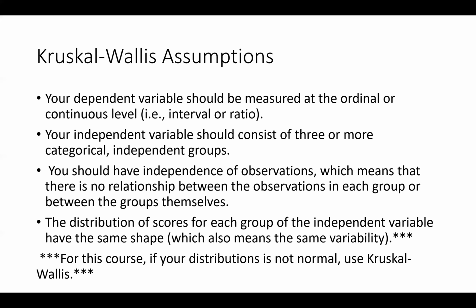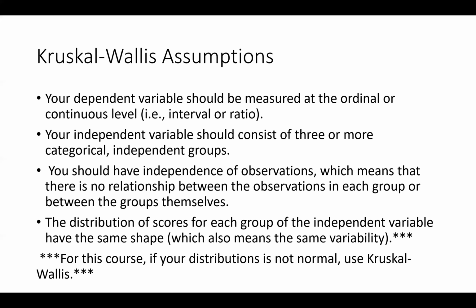Again, there's an independence in the observations. There's no relationship between the observations of each group or between the groups themselves. What occurs for one group doesn't affect the second group, doesn't affect the third group. There's no crossover there. The distribution of scores for each group of the independent variable has the same shape, meaning that we're kind of assuming they have the same variability.